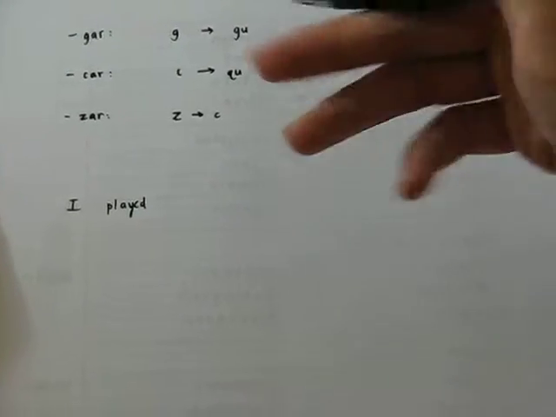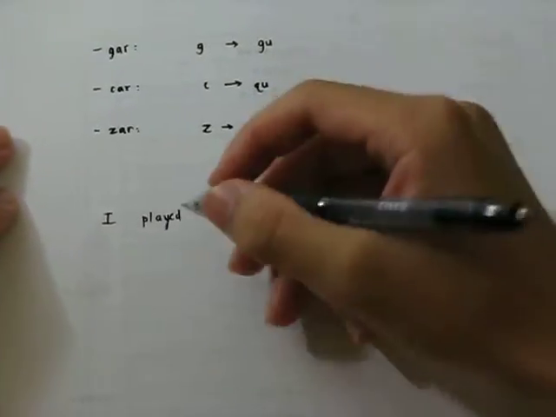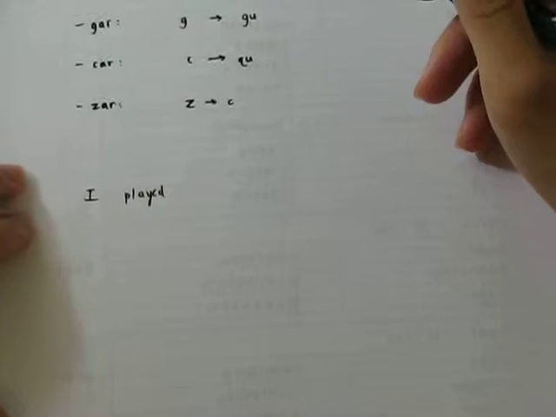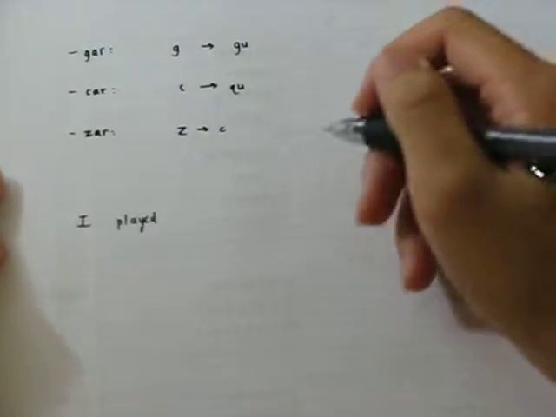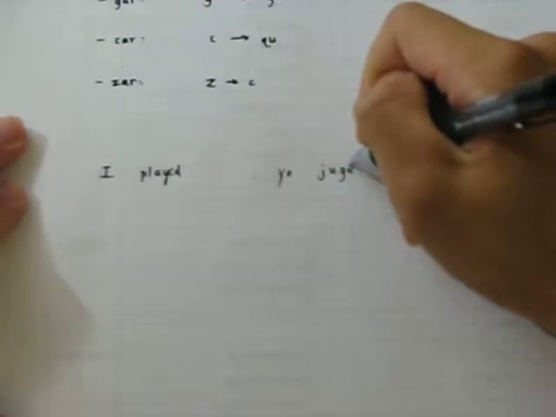So for example, I'm going to conjugate a gar verb for you. If I wanted to conjugate the verb I played, I wouldn't write yo jugé like that, as I would do according to the general rules for AR conjugations.